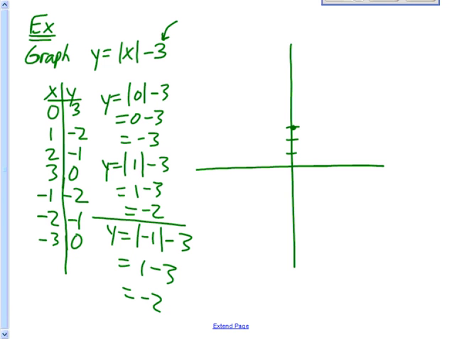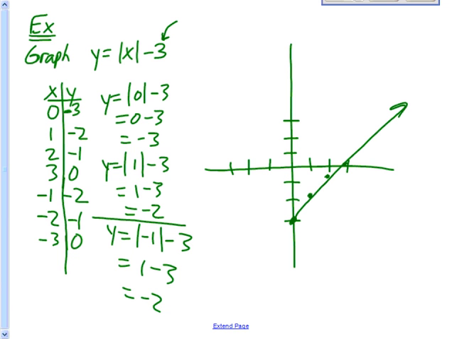I didn't mean that. 0, -3. Sorry about that. 0, -3 right there. Didn't label that correctly. So I got the point 0, -3, 1, -2, 2, -1, 3, comma 0.